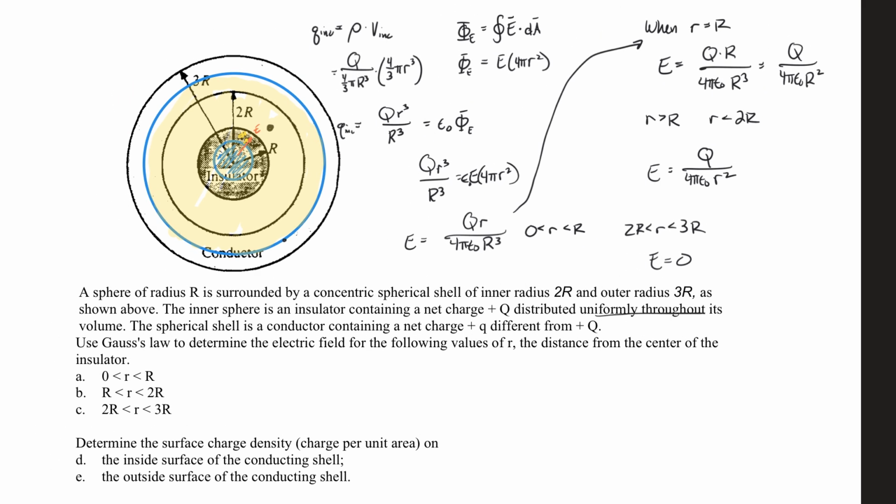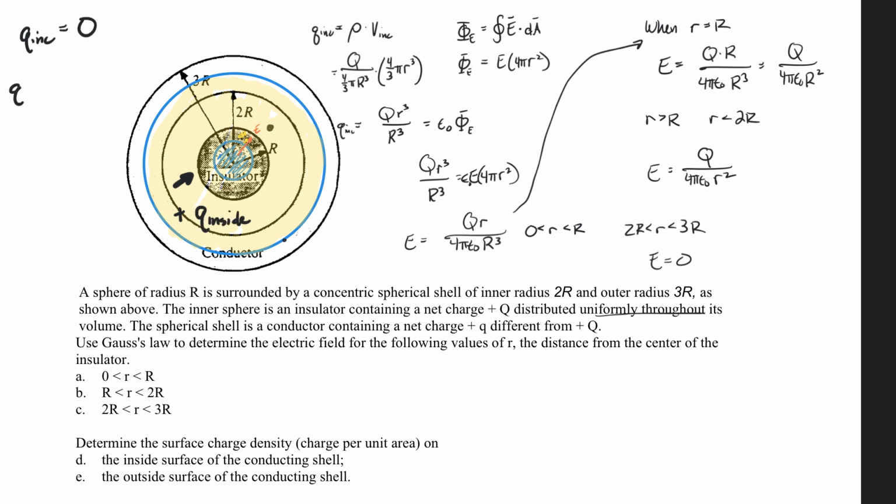That being said, we know that the inner sphere, so this thing right here, we know that its charge is Q, but Q enclosed equals 0. So the charge here has to be negative Q. So if I want to say, what is the Q on the inside?